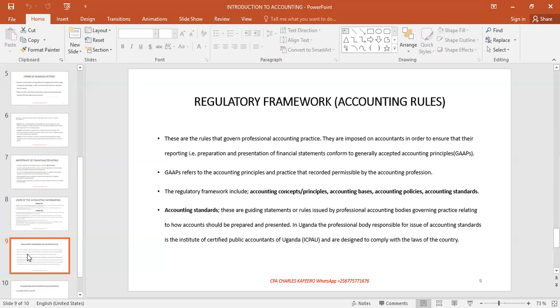The other, we can talk about the generally accepted accounting principles. That is the accounting principle and practice that is permissible by the accounting profession, which is the one guiding how these statements are supposed to be presented. So the regulatory framework includes the accounting concepts or principles, accounting bases, accounting policies, accounting standards.